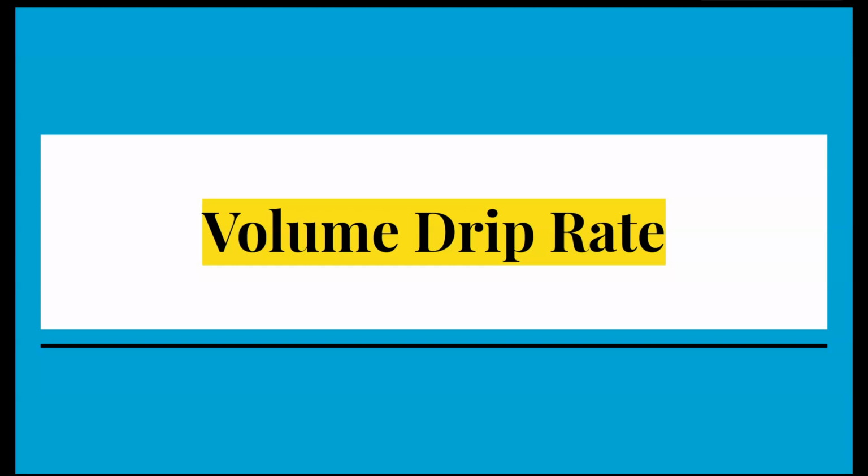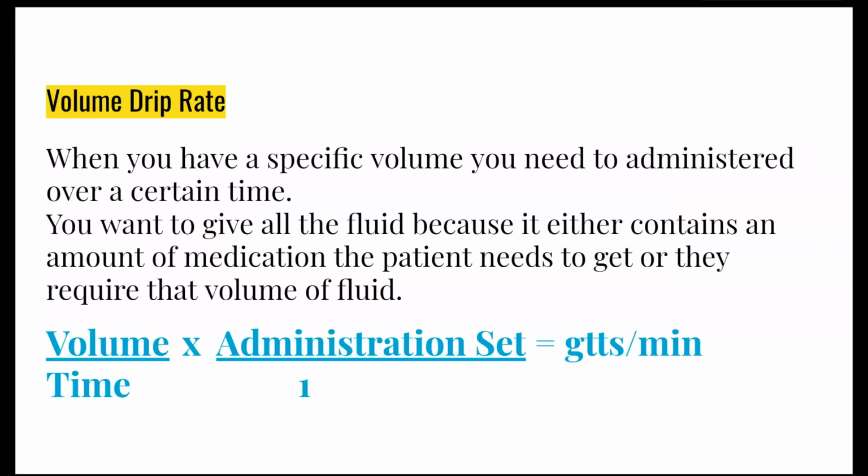All right. So now that you've had a small freak out moment about that math, and we've gotten over that little hump, volume drip rate is super easy. If there's a specific amount of medication that you need to give to a patient, it's going to be the volume that you're giving over the amount of time, times the administration set.